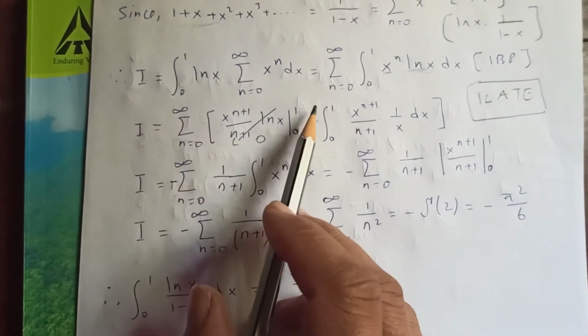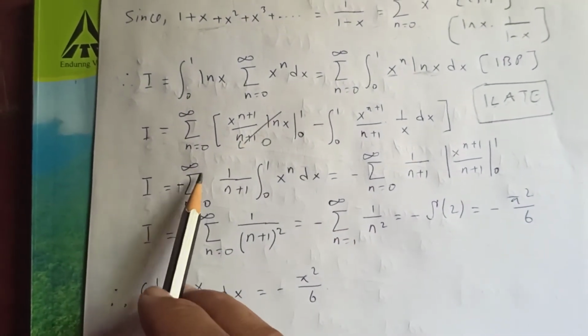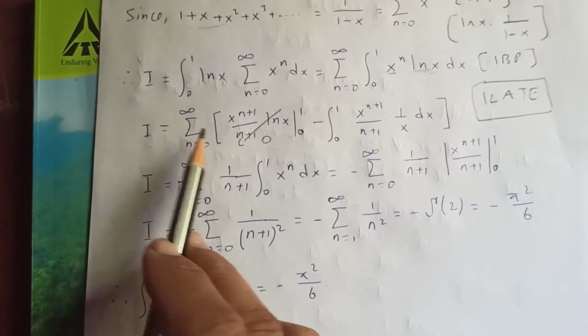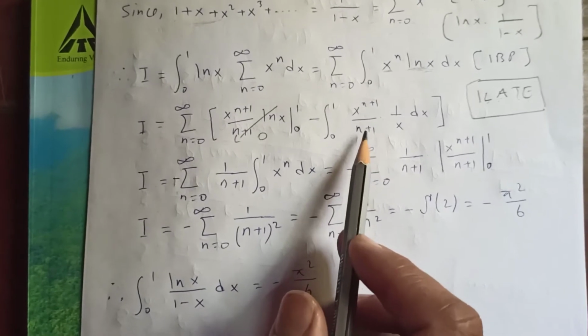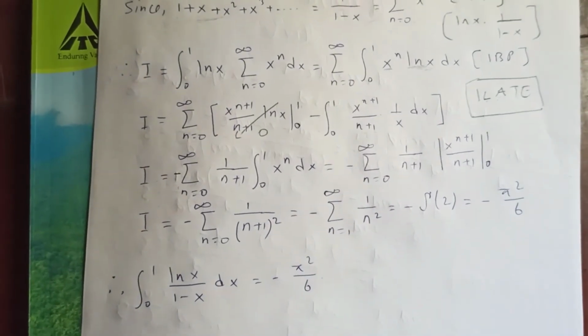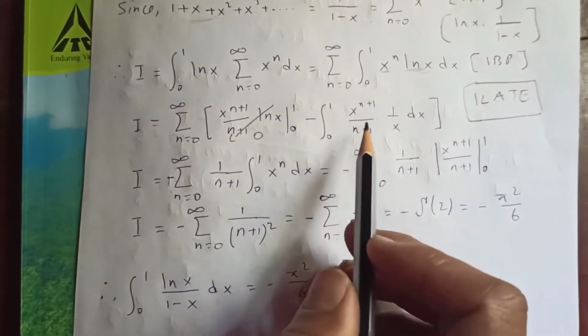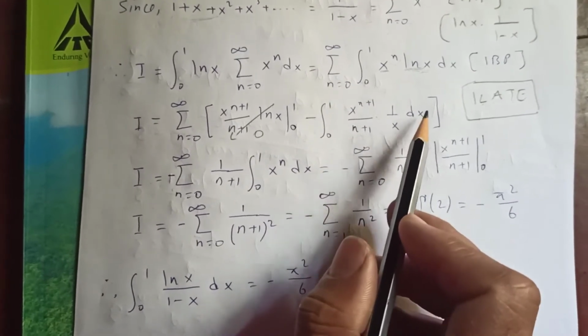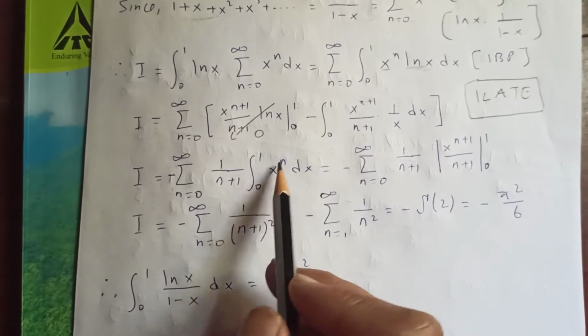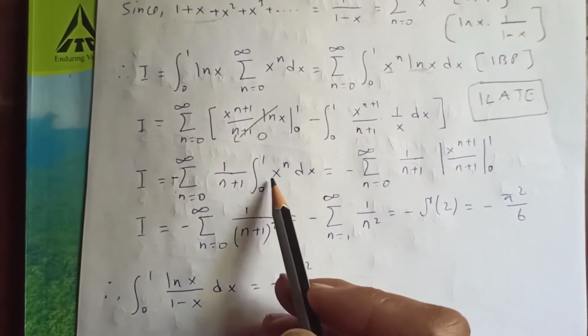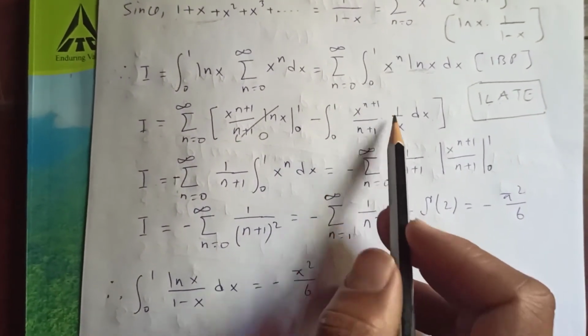I is equal to minus the sum from n equals 0 to infinity. Since n is a constant and does not depend on x, 1 over n plus 1 will come out, and then the integral from 0 to 1 of x to the n plus 1 upon x.